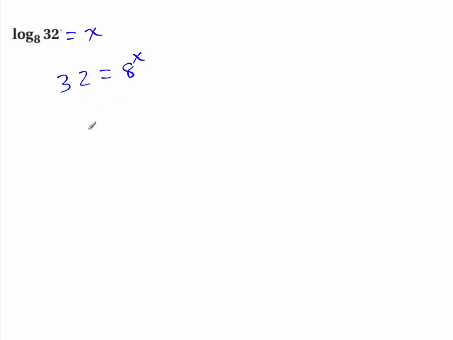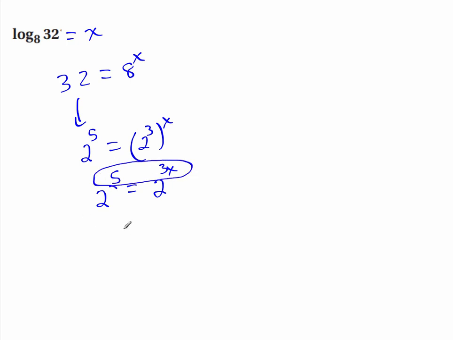But I do know that 32 is 2 to the 5th, and I know that 8 is 2 cubed. So here I have 2 to the 5th is 2 to the 3x. Now this is only going to be true when the exponents are equal. So when 5 is equal to 3x, or x is equal to 5/3.